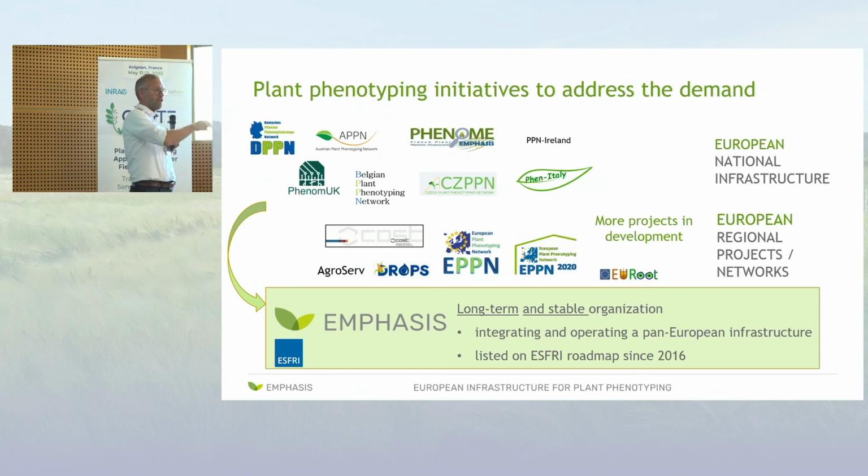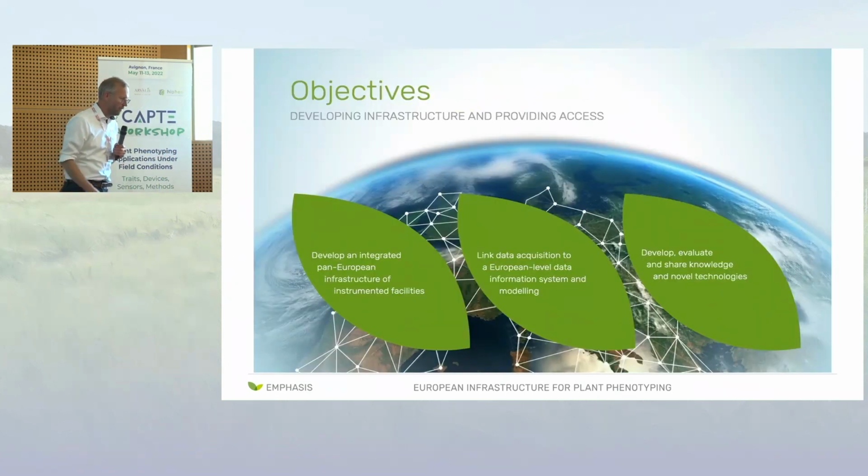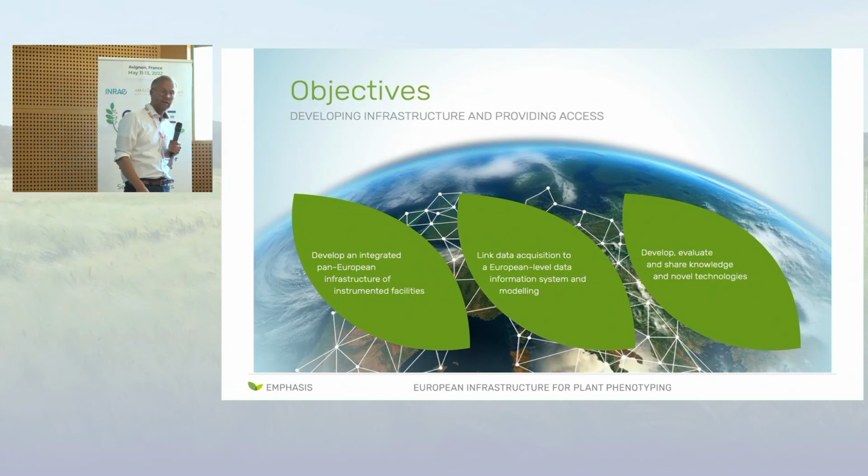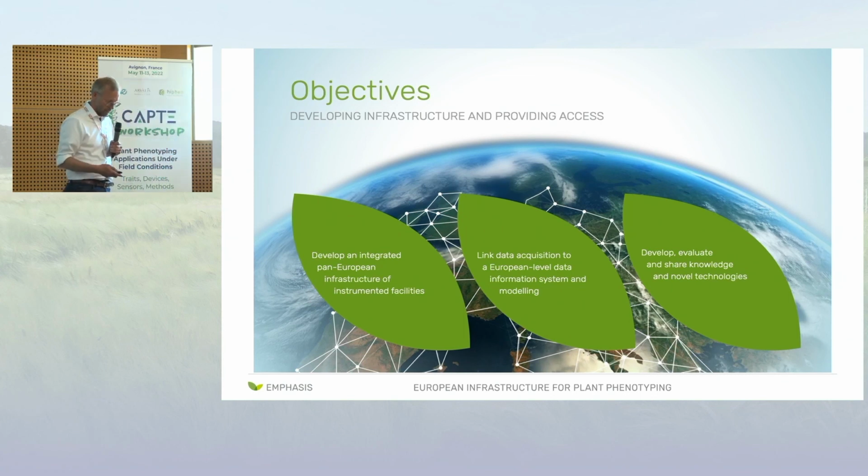Don't see it as single entities in all different countries, but see it as a whole European infrastructure. So here is the fancy slide of what I just said. The objective is to develop an infrastructure and provide access across Europe, at European data level, and to develop, evaluate and share knowledge and novel technologies. The nice words on this.